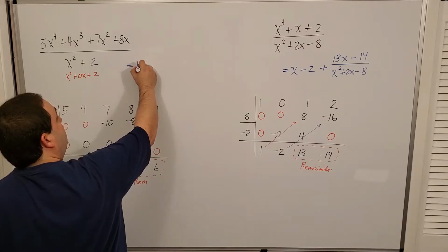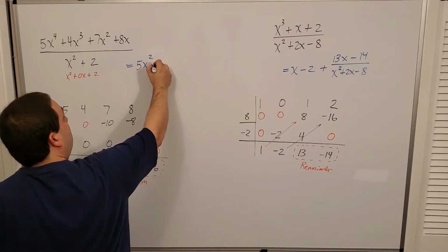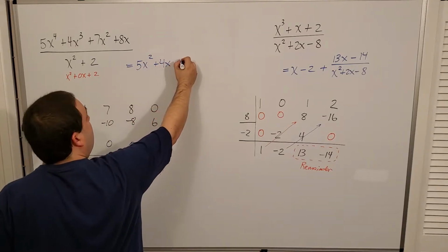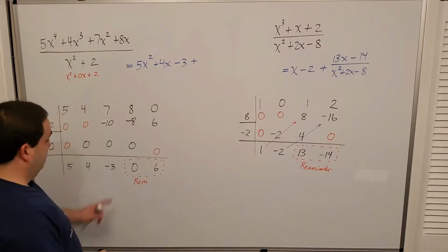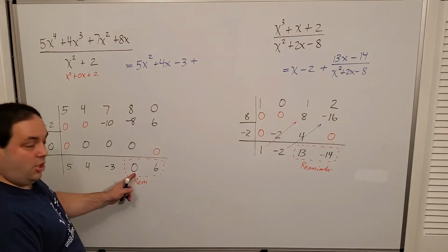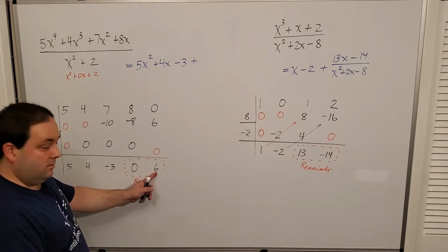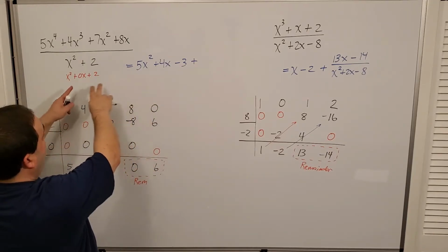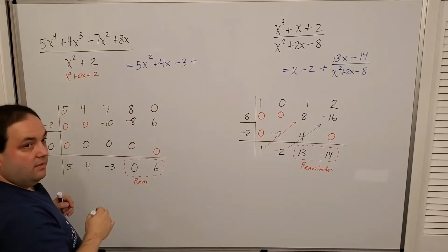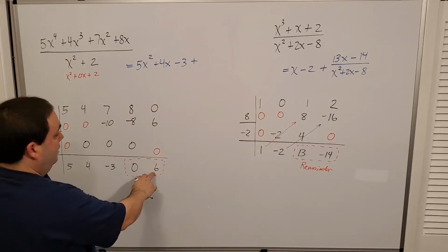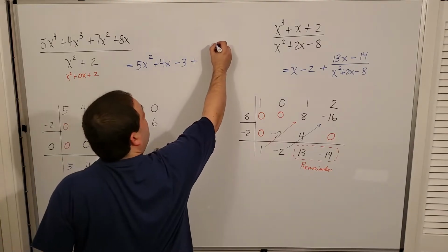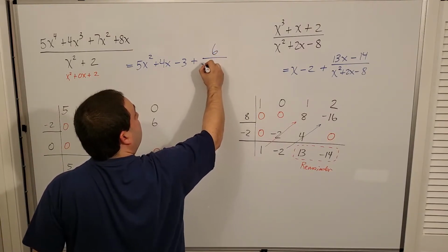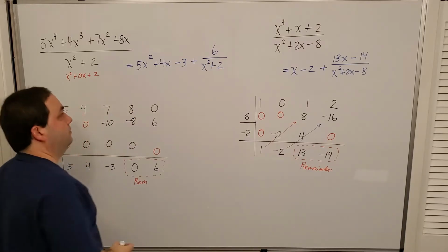So this should be equal to 5x squared plus 4x minus 3 plus, now I don't have an x term, but I do have a 6, because this would be x and number, right? Just like before. You have to do all of the powers less than the thing you're dividing by. So what I have is 6 over the original divisor, x squared plus 2.